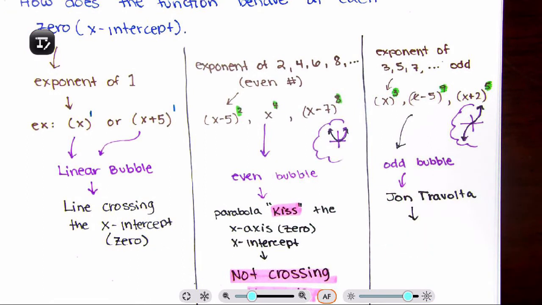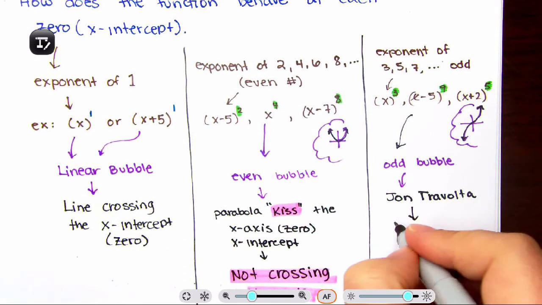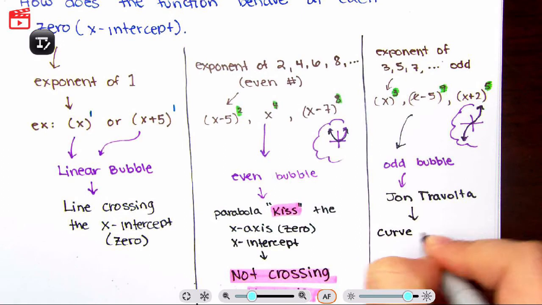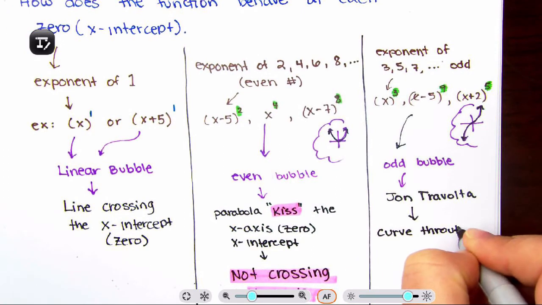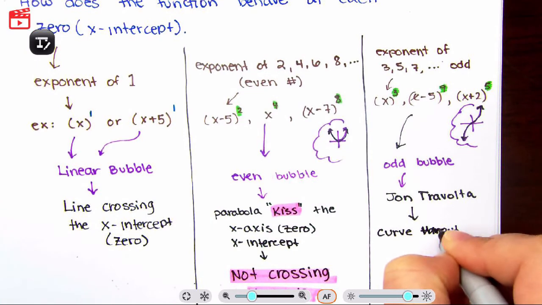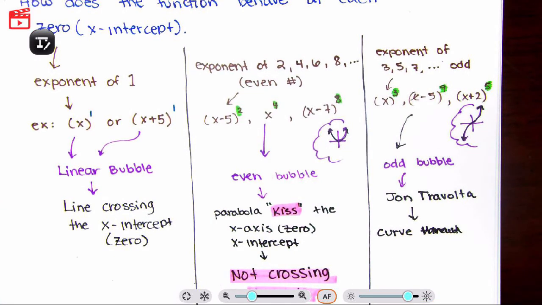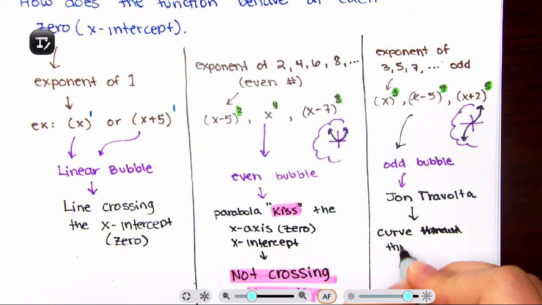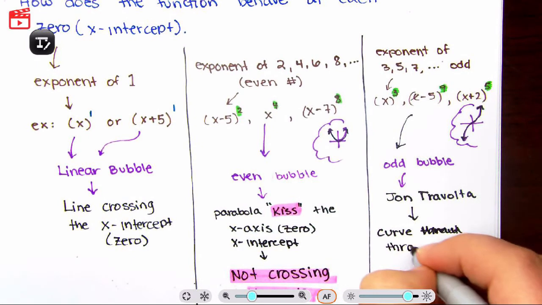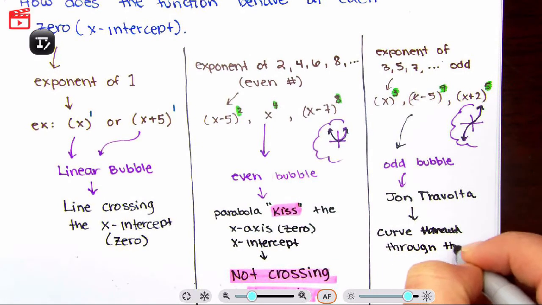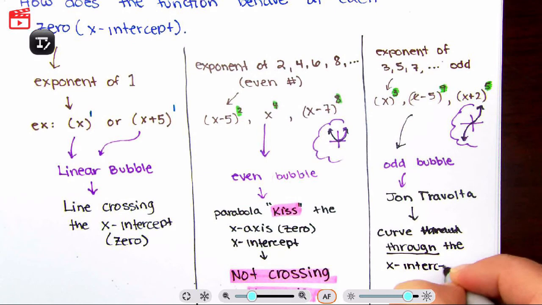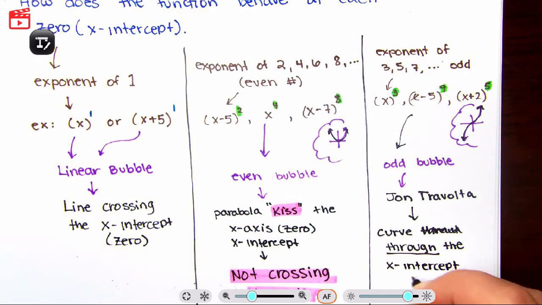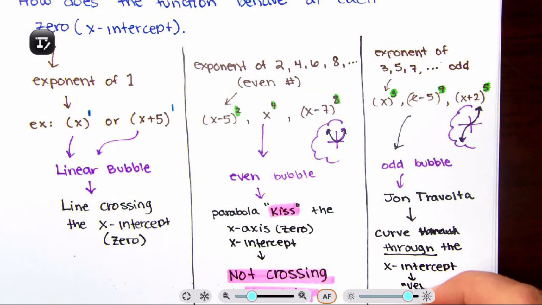That means you're going to have a curve through the x-intercept. And we're going to treat the x-intercept like the vertex.